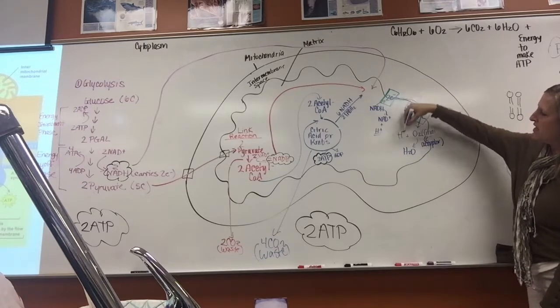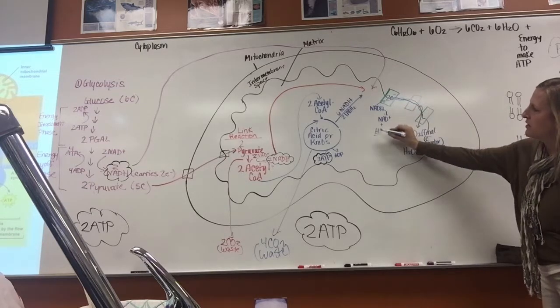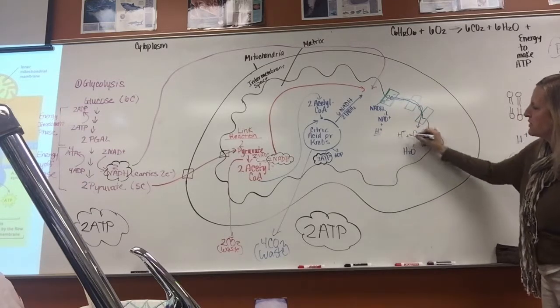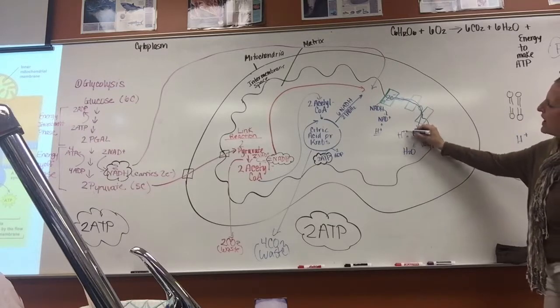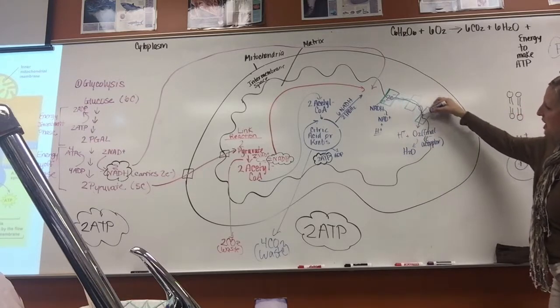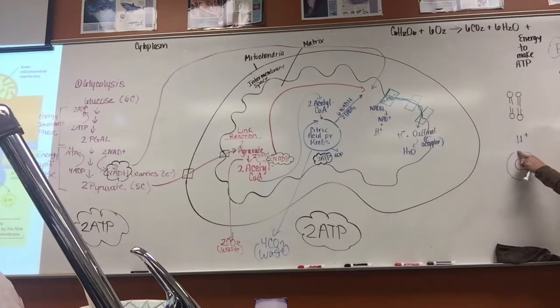Let's talk about why that is. H pluses that are found here from these reactions are in the matrix. You have H pluses and these electrons coming through. Do you see that an H plus is really a hydrogen missing an electron?